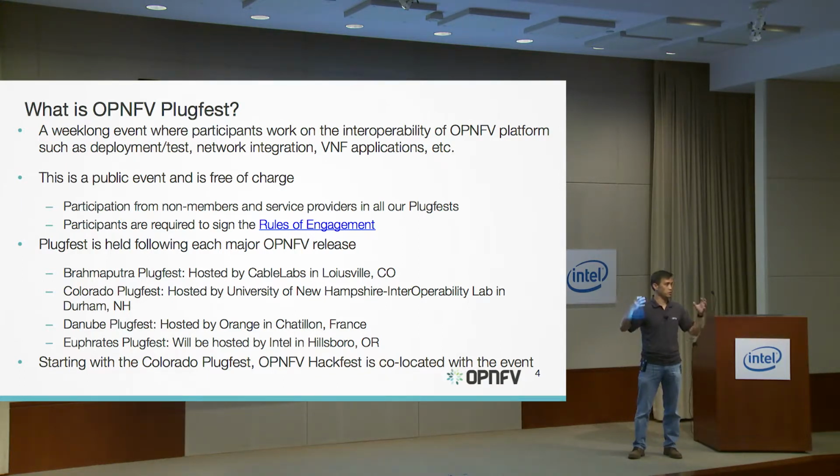with our OPNFV releases, we put all these components together, integrate them, do some of our testing. But how does it actually work on different hardware configurations? We try to do this deployment and testing on a variety of different hardware, and even try to mix and match some of the components. For example, one of the earliest SDN controllers that we used was Open Daylight.